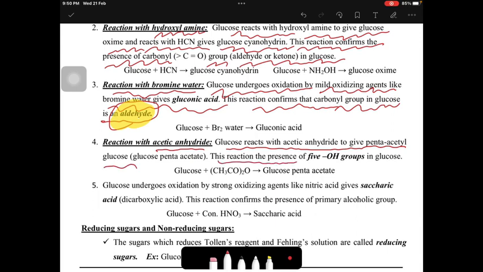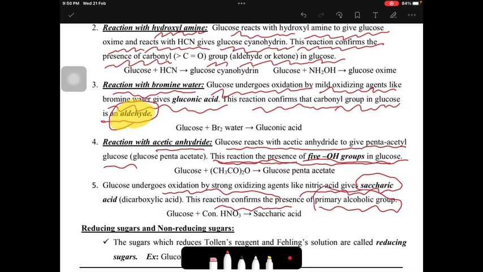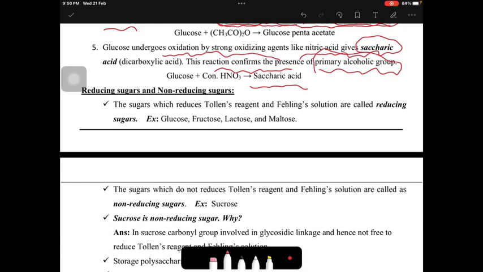This reaction indicates the presence of 5 OH groups in glucose. Glucose undergoes oxidation by a strong oxidizing agent like nitric acid to give saccharic acid. This reaction confirms the presence of a primary alcoholic group.